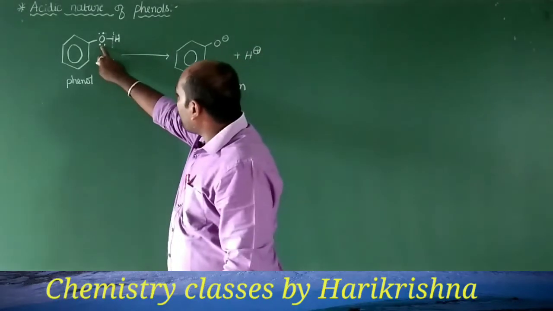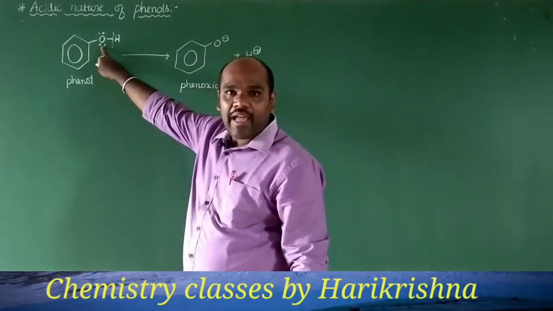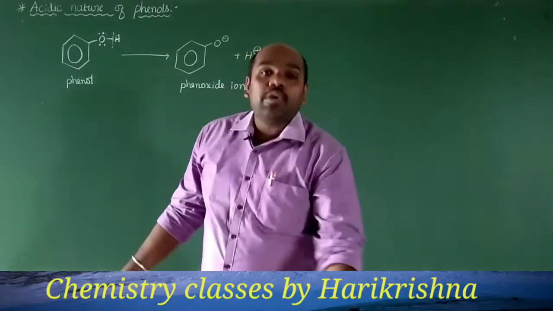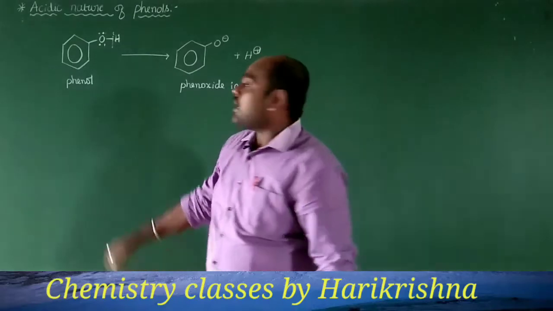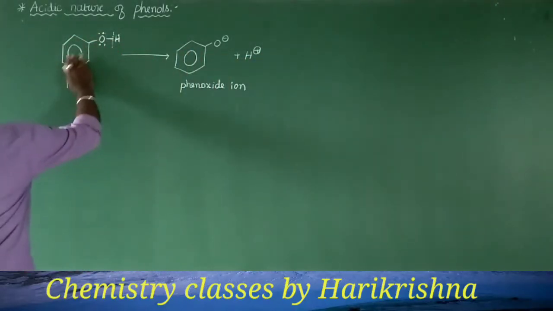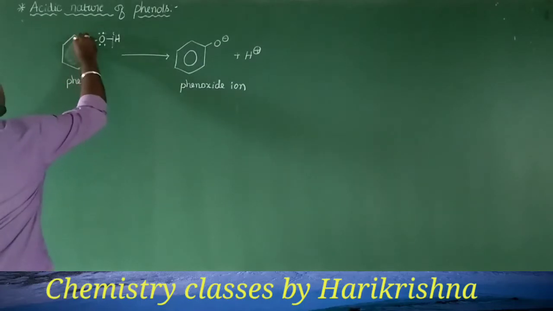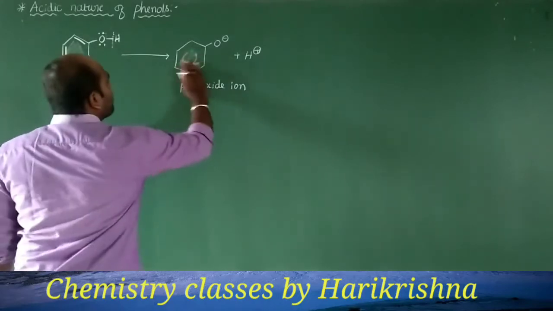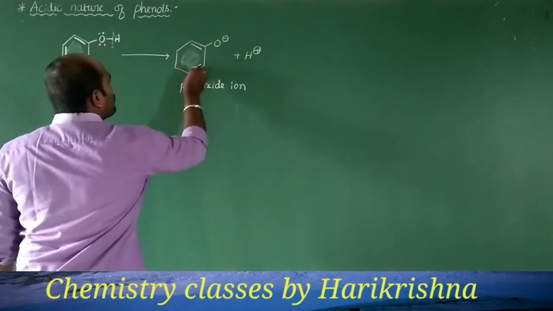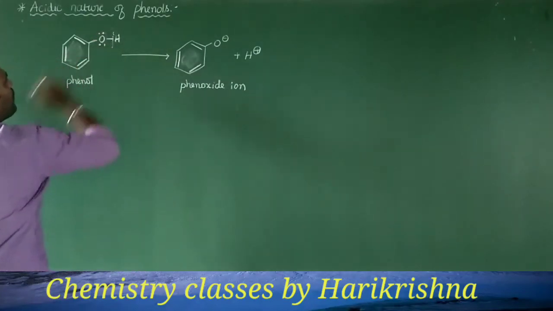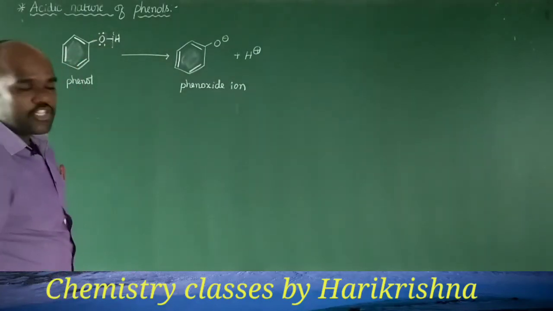So the lone pair of electrons present on the oxygen atom will get delocalized with the pi electron density present in the benzene ring, that we can show like this: 1, 2, 3. There are 3 pi bonds within the benzene ring, and those 3 pi bonds will be involved in delocalization with the lone pair of electrons present on the oxygen atom.